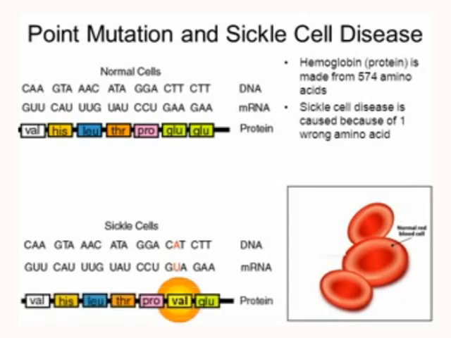Now, in the translation, GUA codes for valine and not glutamic acid. So, in sickle cell anemia, glutamic acid is replaced by valine. And this brings a lot of trouble. It produces an abnormal hemoglobin, and the red blood cells assume a crescent or sickle shape with a short lifespan, and this is a life-threatening condition.